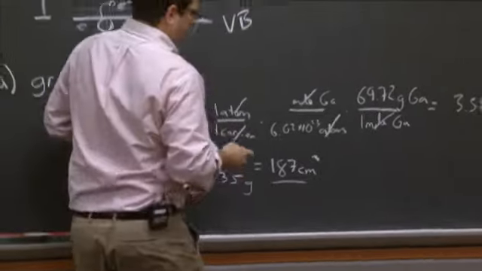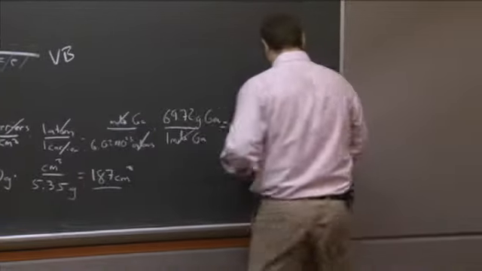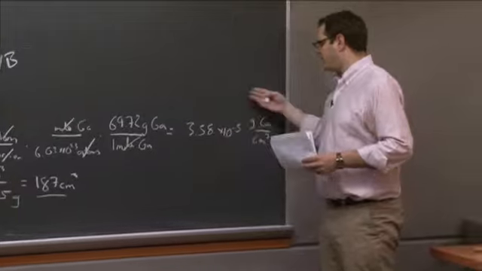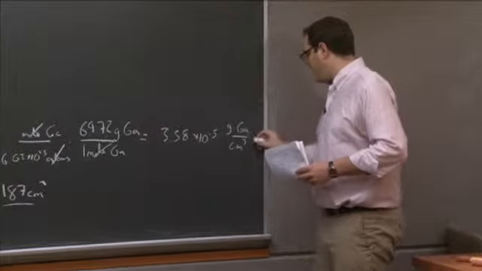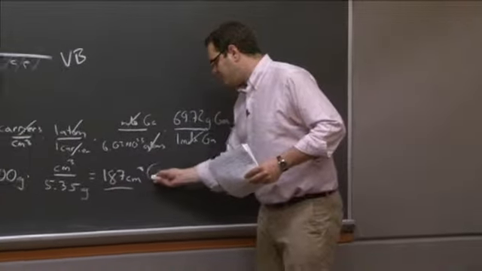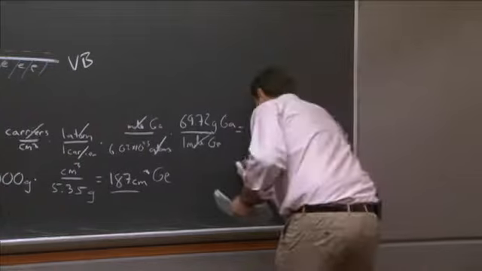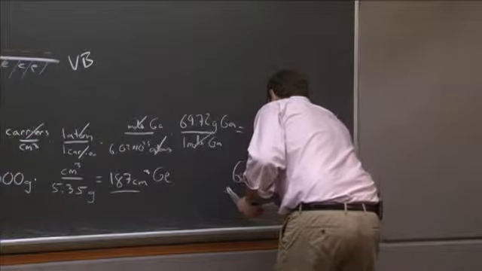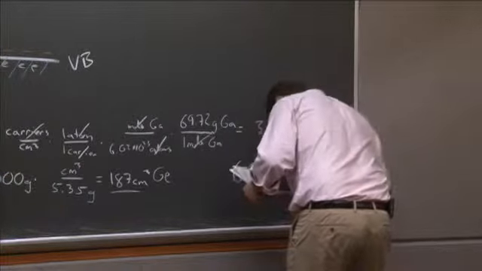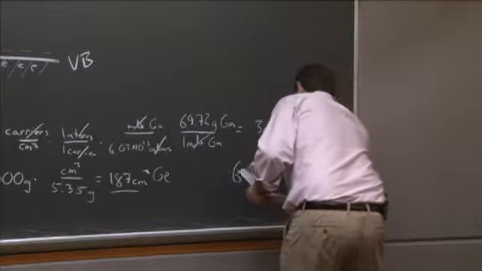Okay? And now we're good, because we know here we have 3.58 times 10 to the negative fifth grams of gallium per centimeter cubed of germanium. We have this many centimeters cubed of germanium. Multiply them together, and you get the answer, which is 6.69 times 10 to the negative third grams of gallium.